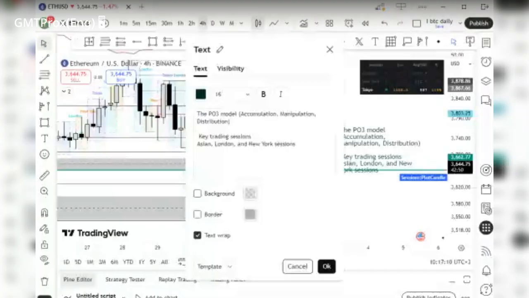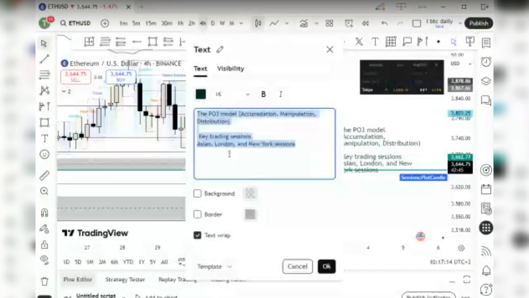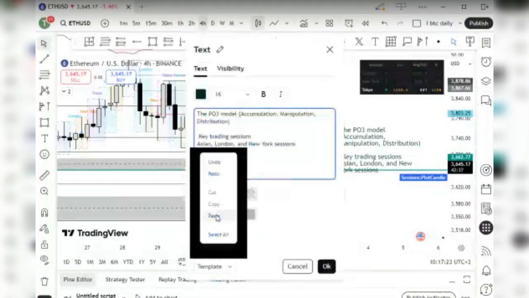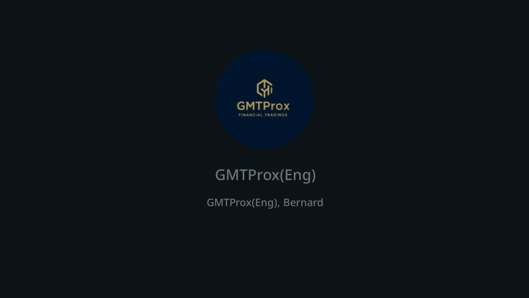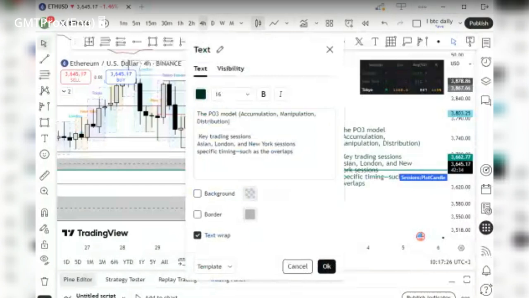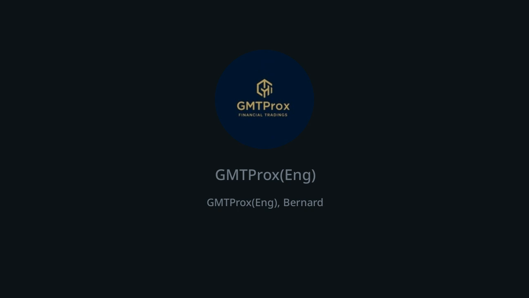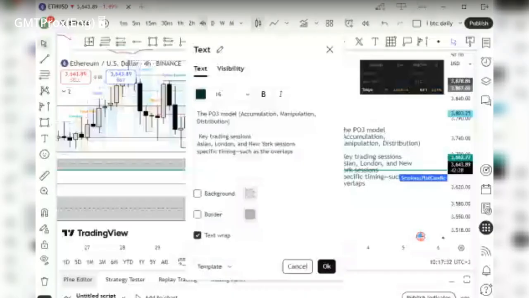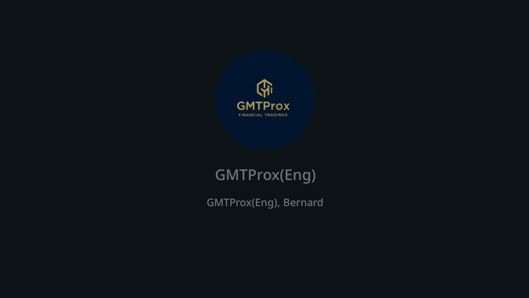That's very important to focus on. The overlapping time is very important to focus on. All right, so the sessions play a role in identifying a CRT pattern.